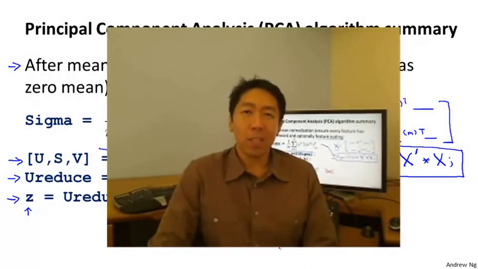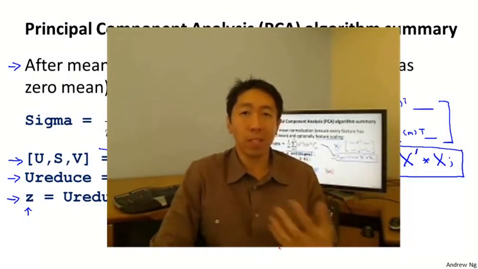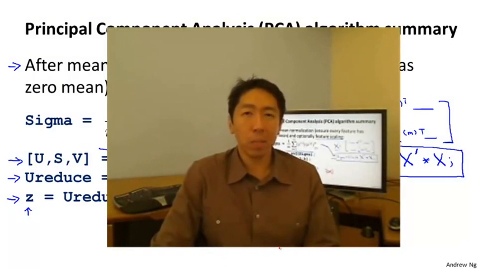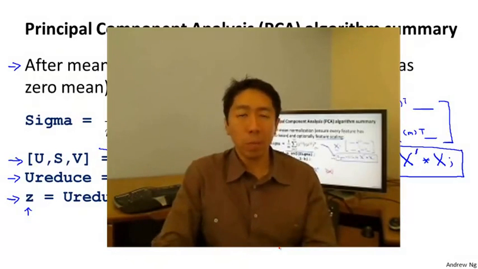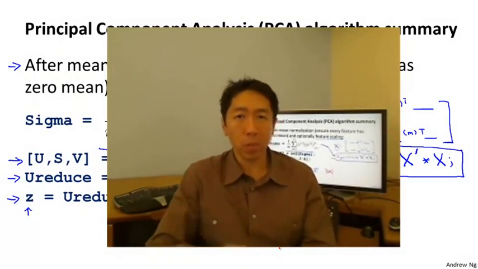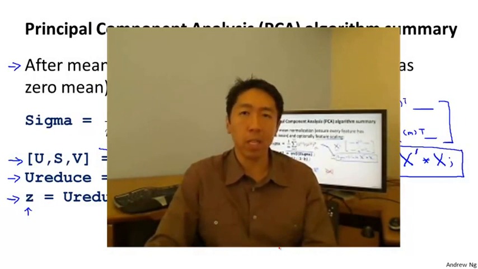One thing I didn't do was give a mathematical proof that the U1, U2, and so on, and the Z's that you get out of this procedure are really the choices that will minimize the squared projection error, right? Remember we said what PCA tries to do is find a surface or a line onto which to project the data so as to minimize that squared projection error.